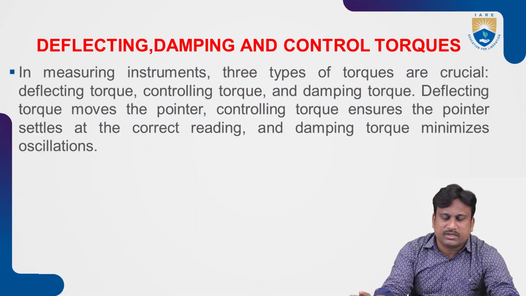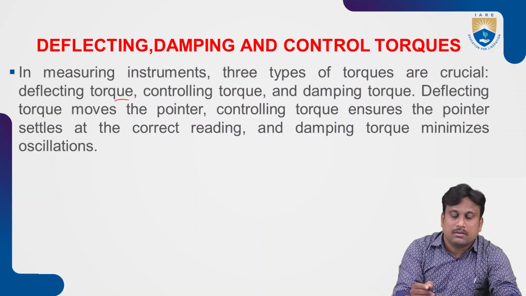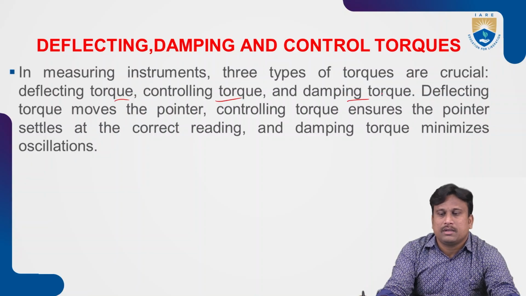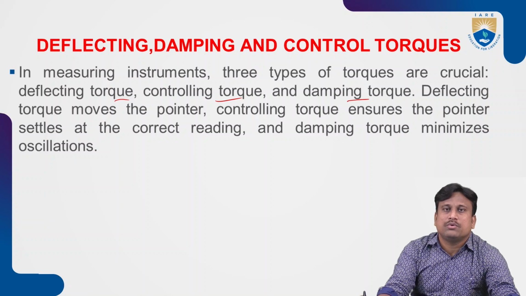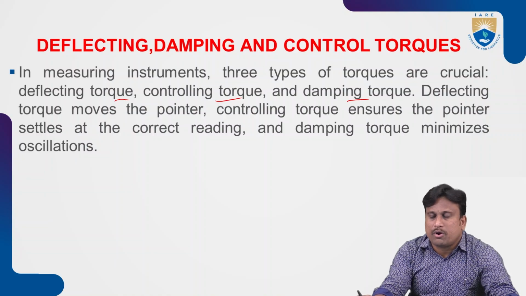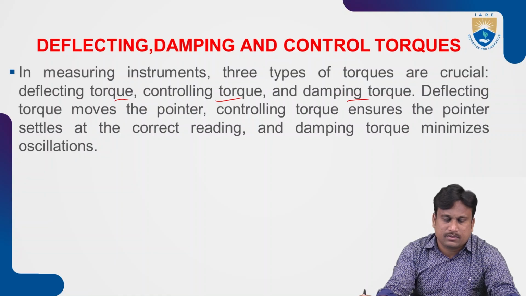In measuring instruments, we use these three types of torques, which are very crucial: deflecting torque, controlling torque, and finally damping torque. Each torque has its own significance and functionality, ensuring the pointer moves according to the scale.